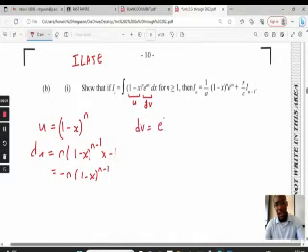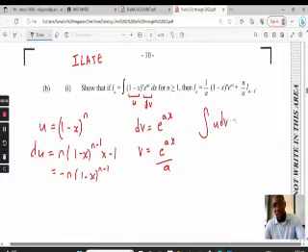Then dv is e to the ax, and so v is equal to the integral of e to the ax, which is e to the ax divided by a. Now we're going to write down the integration by parts formula. We know the formula tells us that, let's write it here, the integral of u dv is equal to uv minus the integral of v du.